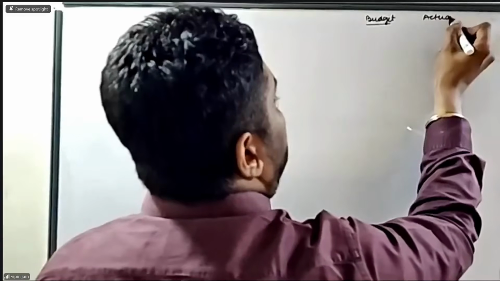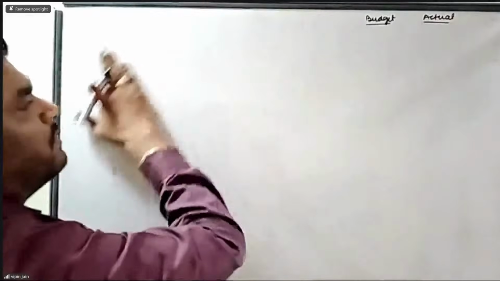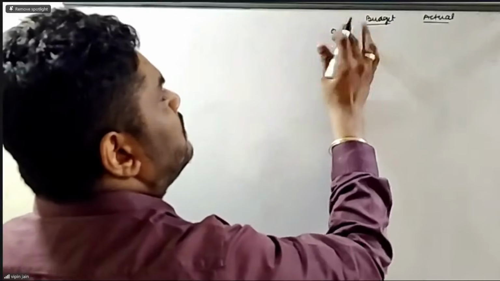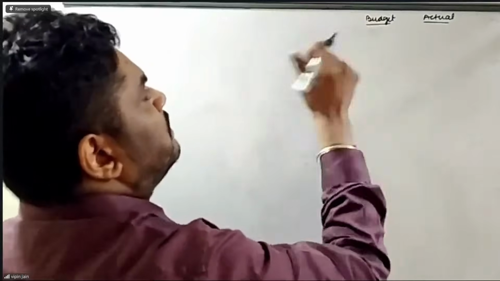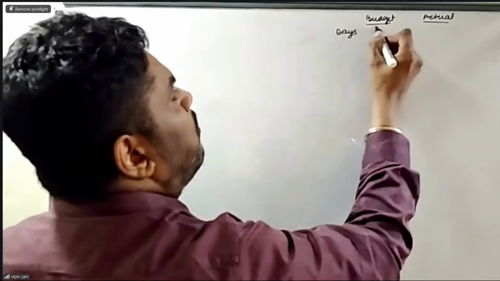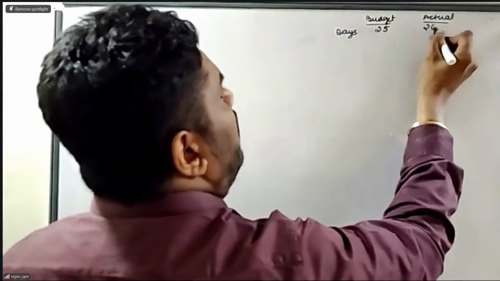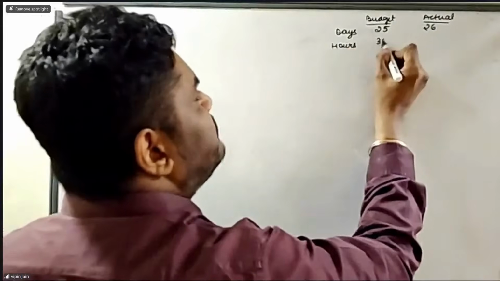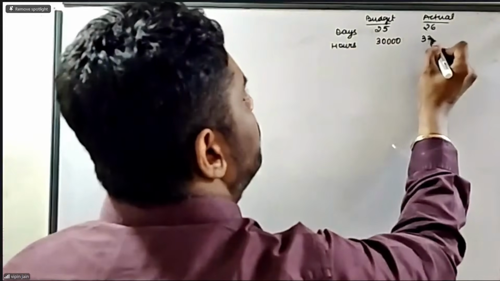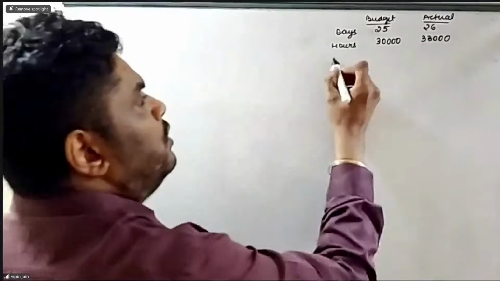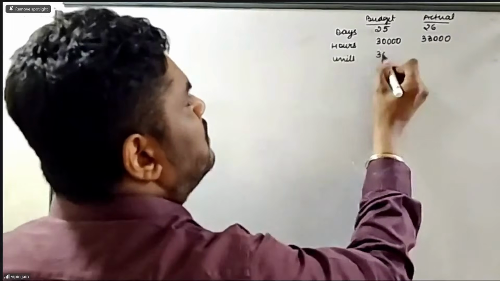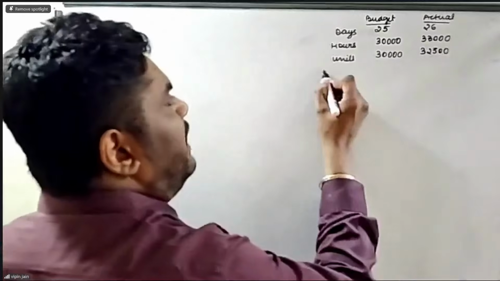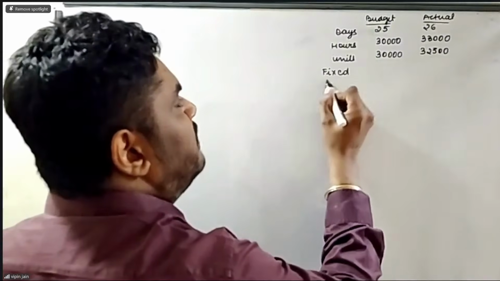Generally, the data will be given as budget and actual. Hours will be given, rates will be given, units will be given, and fixed overheads will be given.